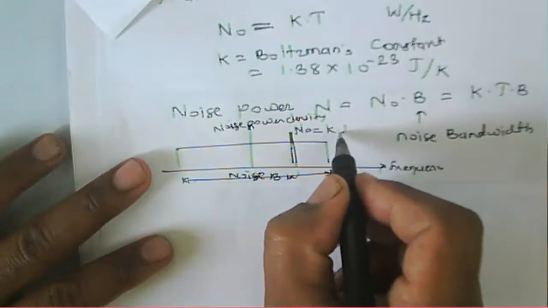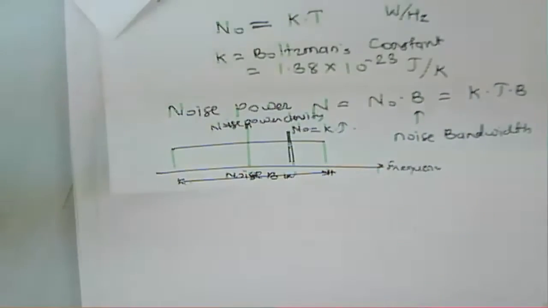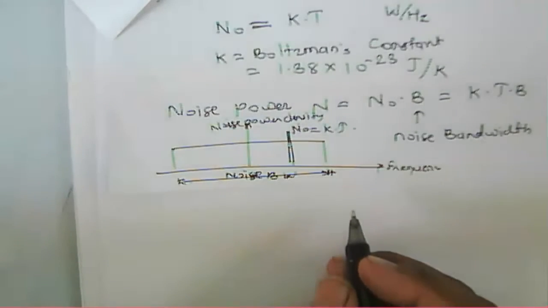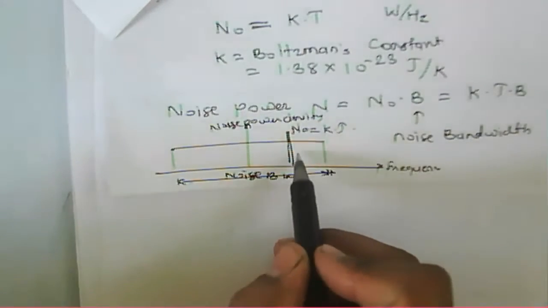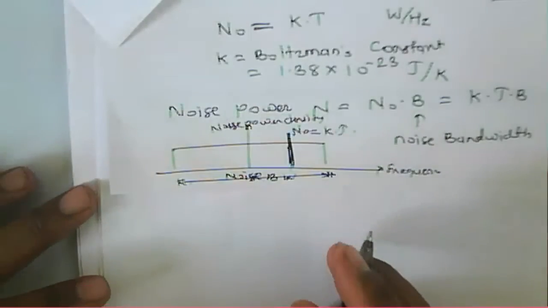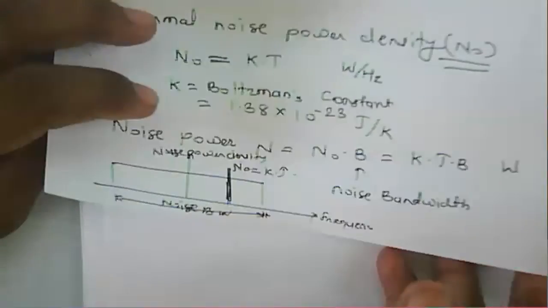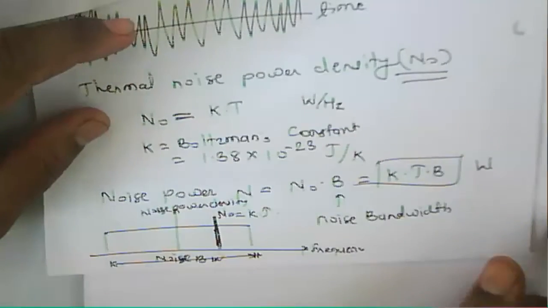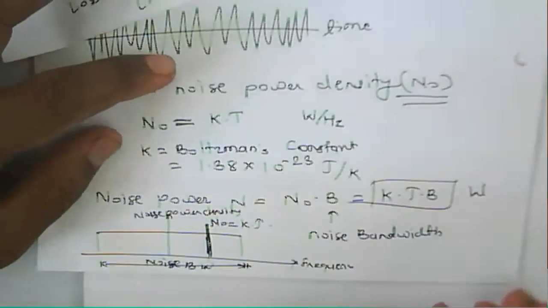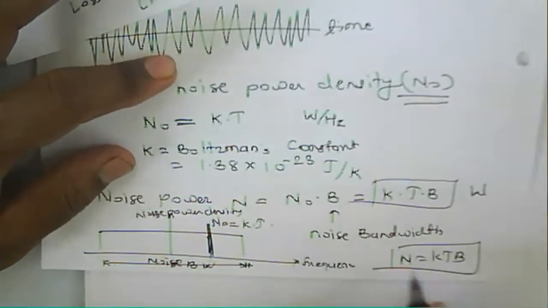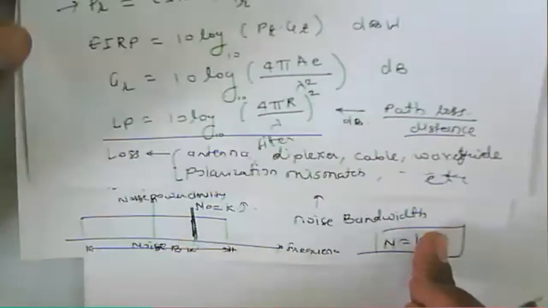N0 is equal to kT, and that depends on the noise power with respect to frequency, in hertz. So we get the noise power, that is kTB, N is equal to kTB. Now this is the noise power at the receiver.